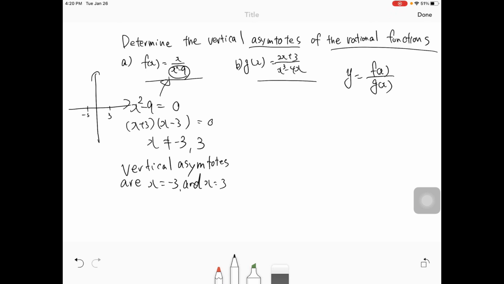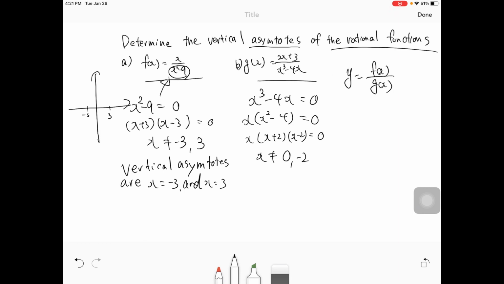Okay, let's work on another question. g of x equals 2x plus 3 over x cubed minus 4x. Like I said, you need to find the domain of this function. To find the domain, let's find the restriction. x cubed minus 4x equals 0, because the denominator cannot be 0. Let's factor it. x times x plus 2 times x minus 2 is 0.